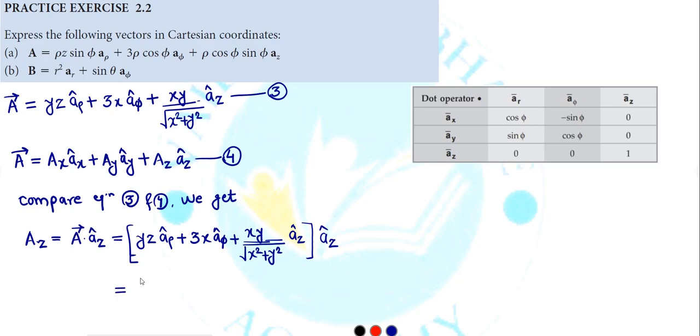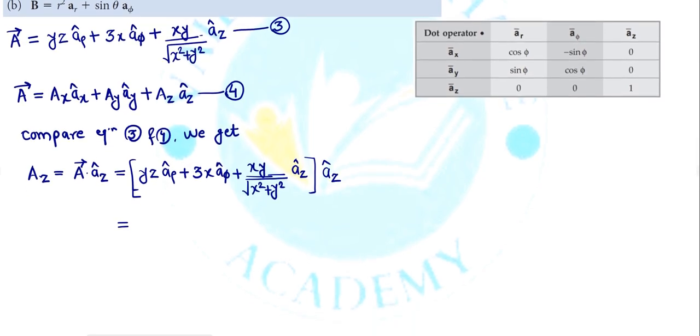Okay, now again make use of this dot operator table in order to have the dot product in between these two. I guess you have come to know how to take the dot product, so I'm going to directly rewrite that one. Write this yz as it is for now. The dot product in between a rho and az is 0, so the very first term will be 0. The dot product in between a phi and az is equal to 0 again, so put that value 0 over here.